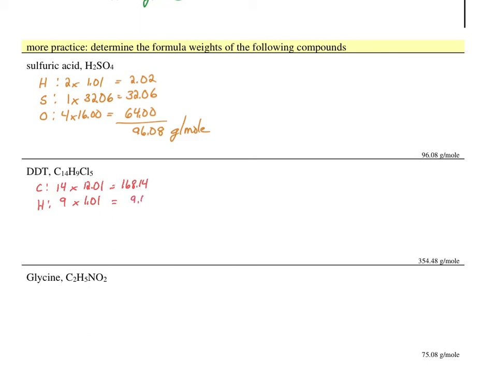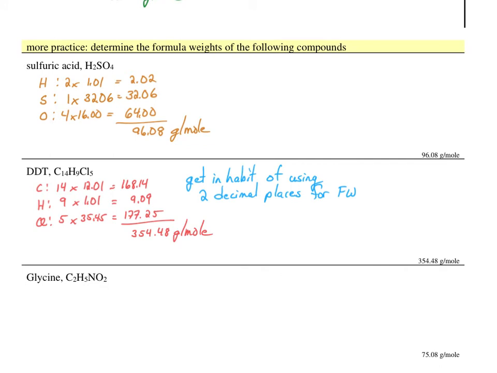So that's 9.09 from hydrogen. And for the chlorine, 5, each coming in at 35.45. 5 times 35.45 comes out to be 177.25. We add all these values up for our formula weight of 354.48 grams per mole.